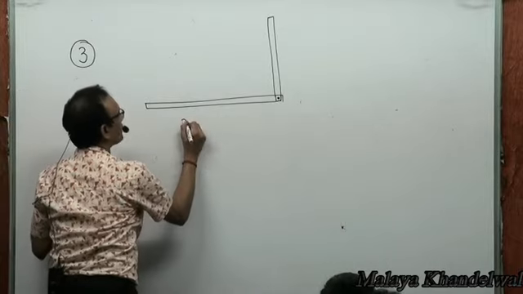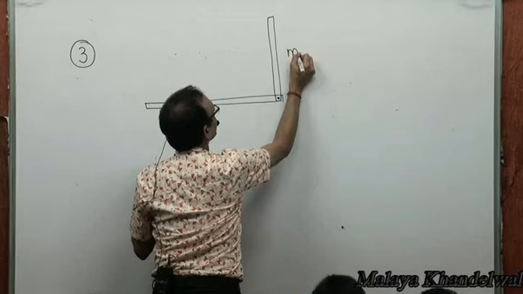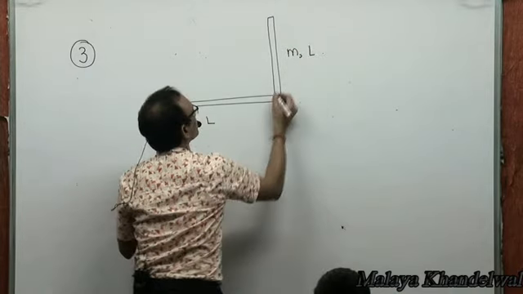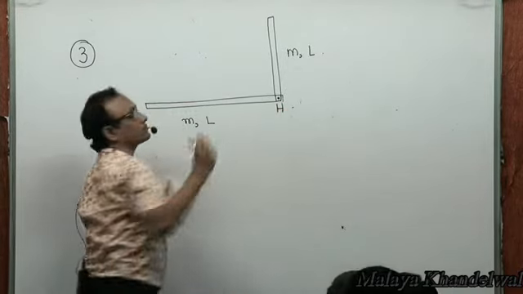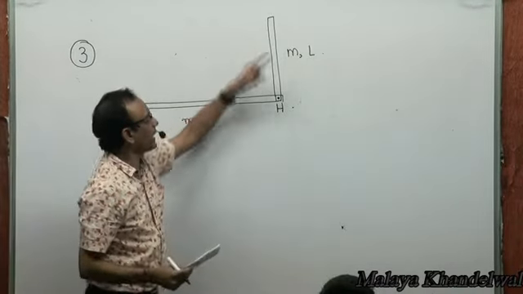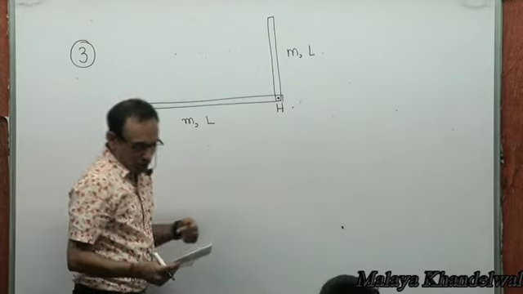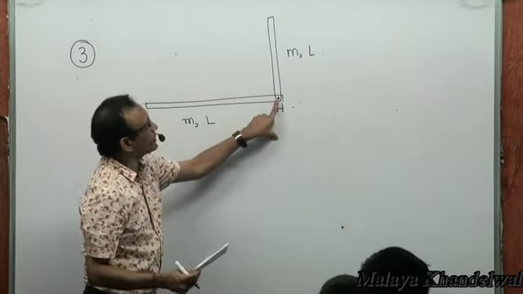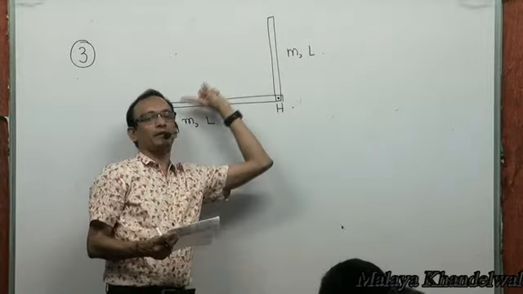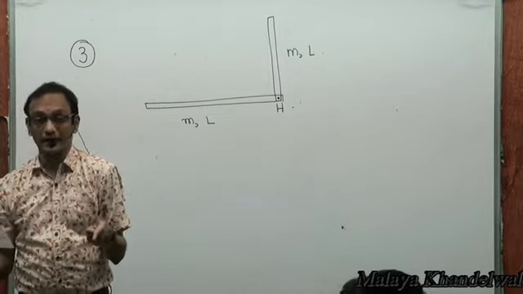This is a plank of mass m and length L, and this is a plank of mass m and length L. This is the hinge H. This is the vertical plank and it starts to fall downwards. We want to find the displacement of the hinge till the vertical plank becomes horizontal. That means it completely rests on the horizontal plank.